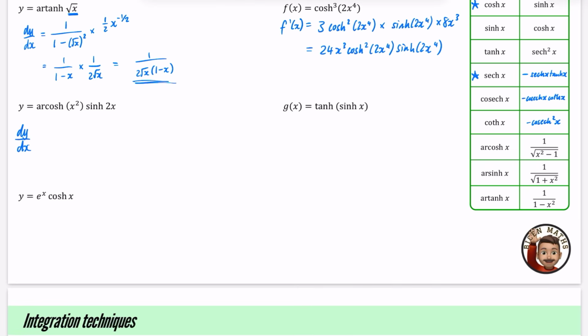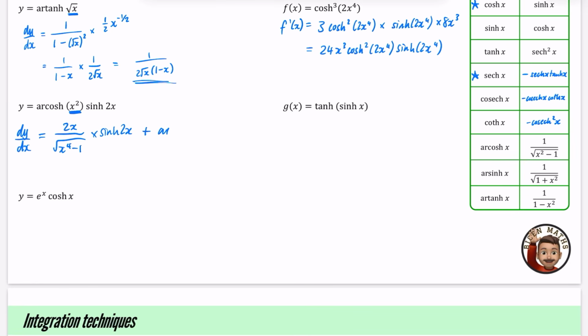So that is going to go to 1 over the square root of x squared squared, so x^4 minus 1, and it needs to get multiplied by the derivative of x squared, which is 2x. And then I'm also going to keep the second part, which is the sinh 2x.